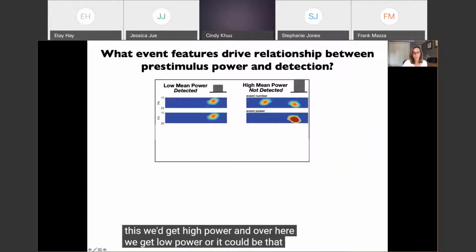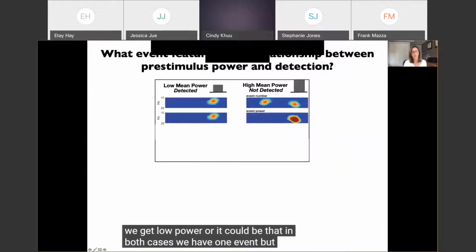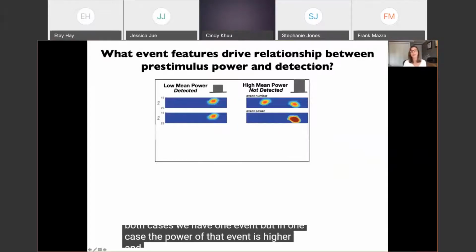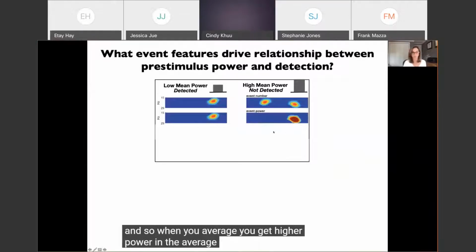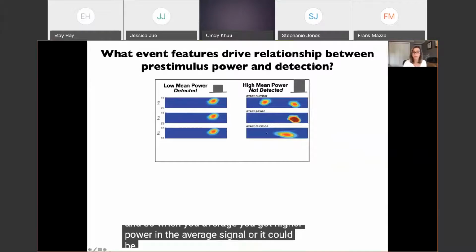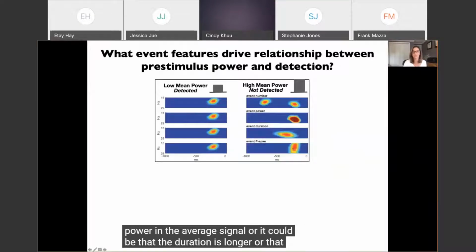Or it could be that in both cases we have one event, but in one case the power of that event is higher, and so when you average, you get higher power in the average signal. Or it could be that the duration is longer, or that the frequency span is extended. Any one of these differences could underlie this difference in power and its impact on perception that we've been seeing.